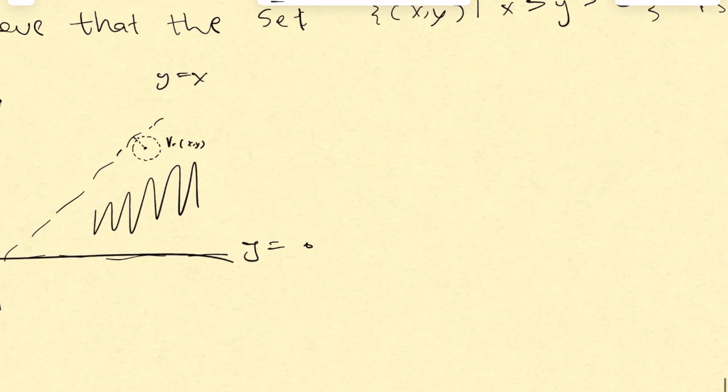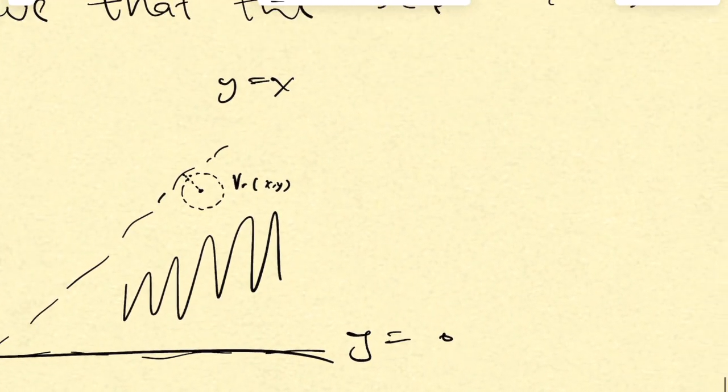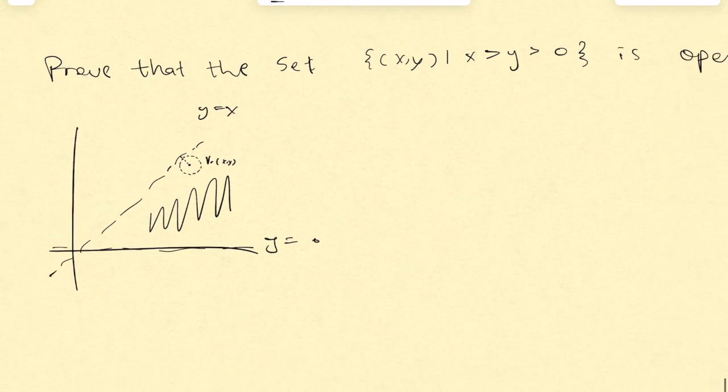And if you think about it, even if we were successful in proving that you can choose an open ball such that every point in it is also in the set, what if we change this functional upper bound to something other than a straight line?